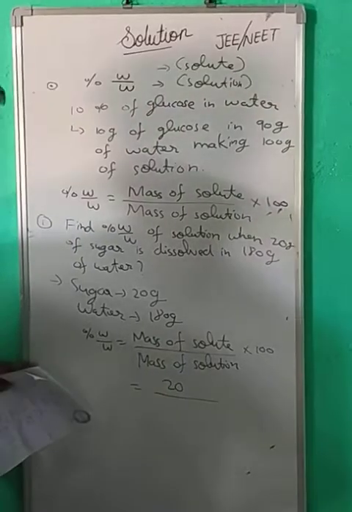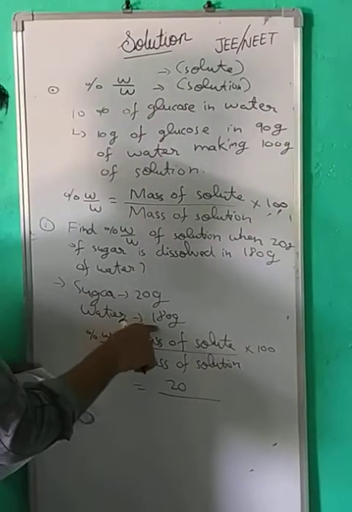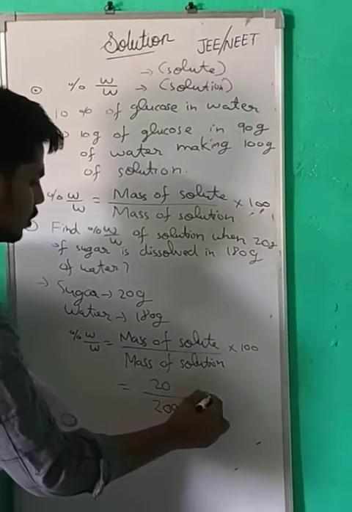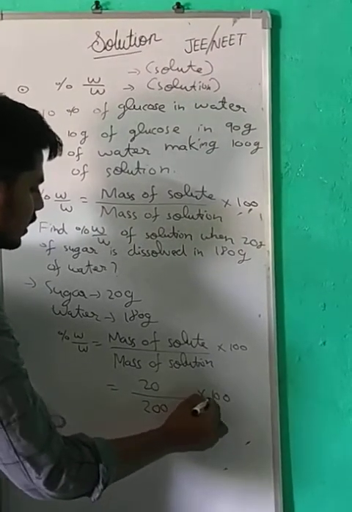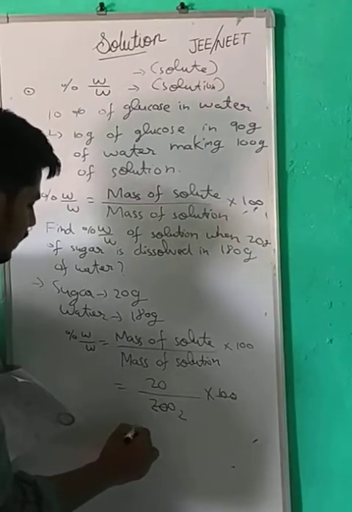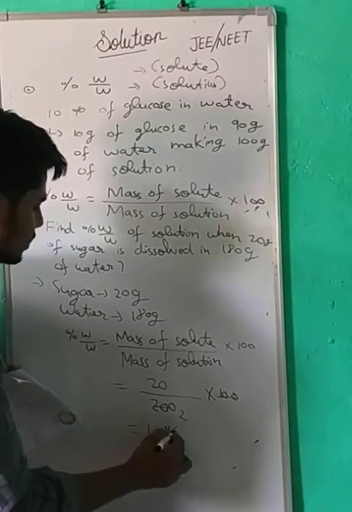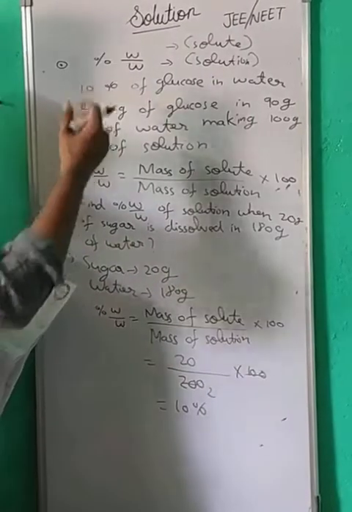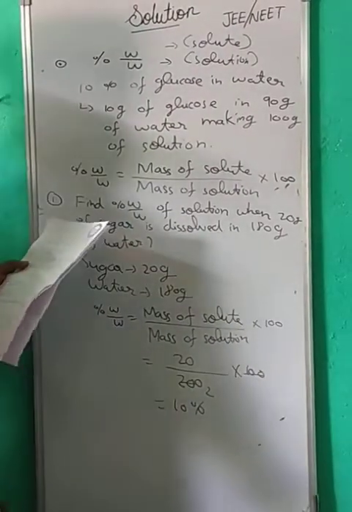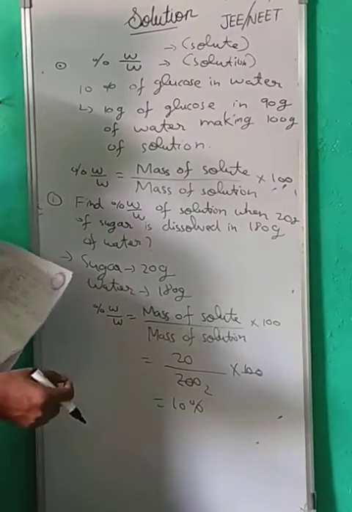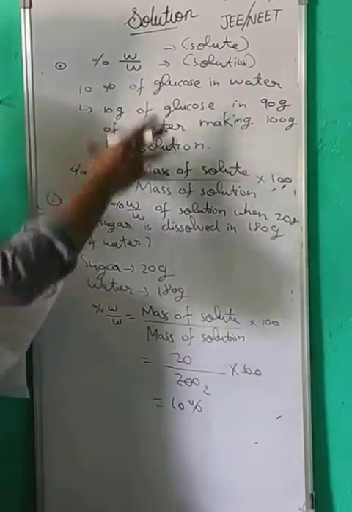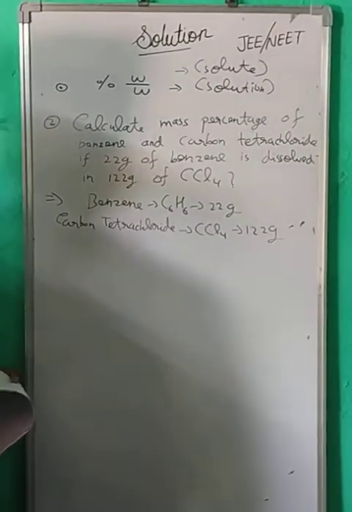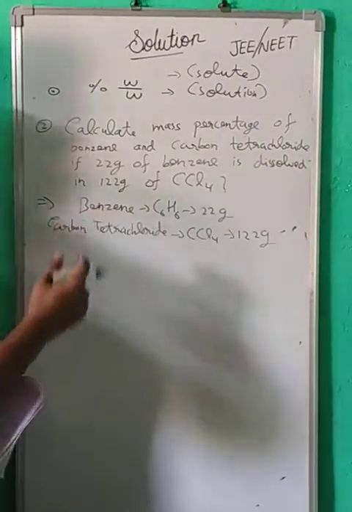What is the mass of solution? 20 gram solute plus 180 gram of solvent will give you 200 gram of solution, into 100. So you can cancel this out and the answer is 10% weight by weight. This is the first numerical based on the concentration term percentage weight by weight. Another we will solve. I want you all to pause the video and start copying all these numericals and notes in your notebook.